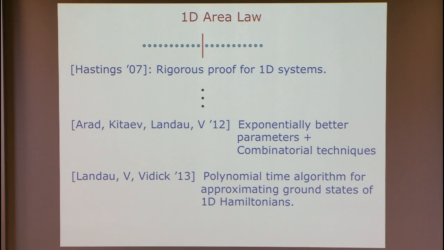And then there's been a lot of further work on this subject, including not only getting much better parameters for this constant, but also, from both sides, from physics and computer science, we've sort of beaten a path using machetes until we met in the middle and can actually talk to each other and exchange techniques.